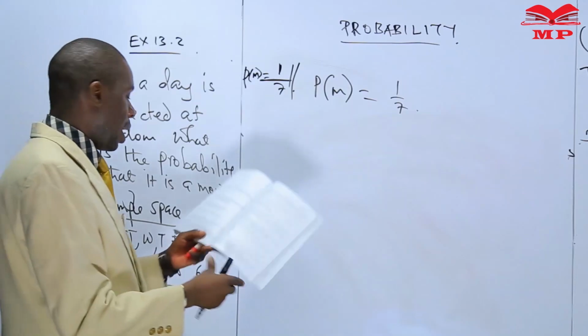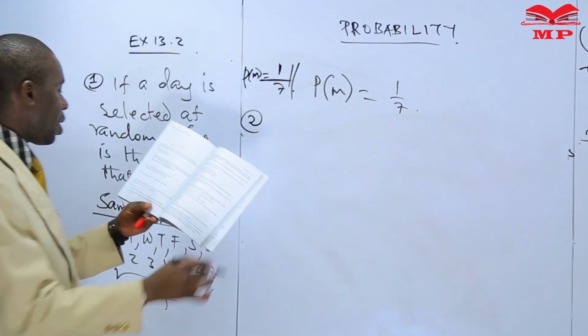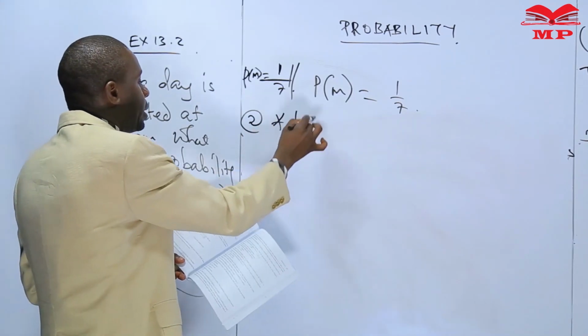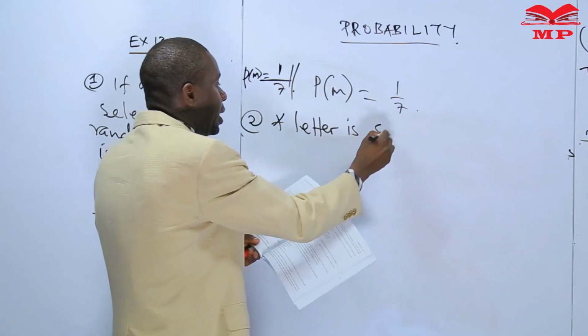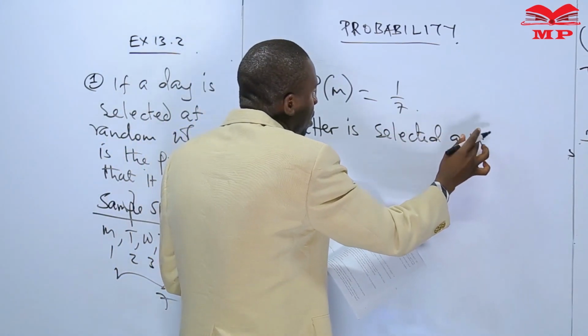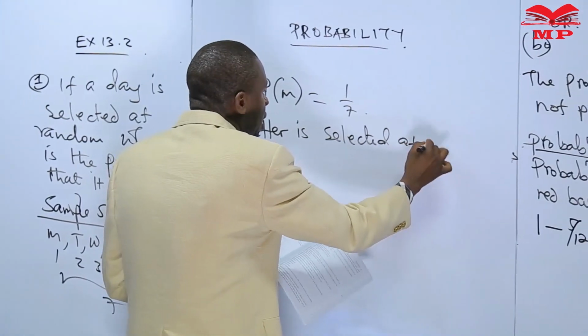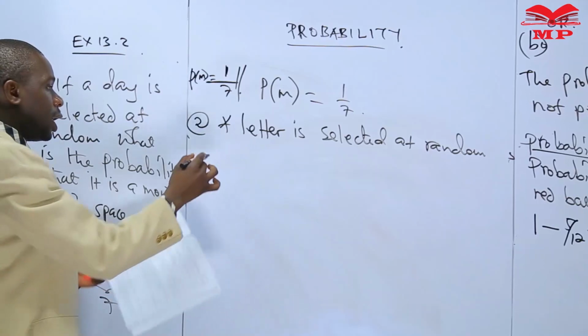Let us look at another one, number 2. A letter is selected at random from the English alphabet.